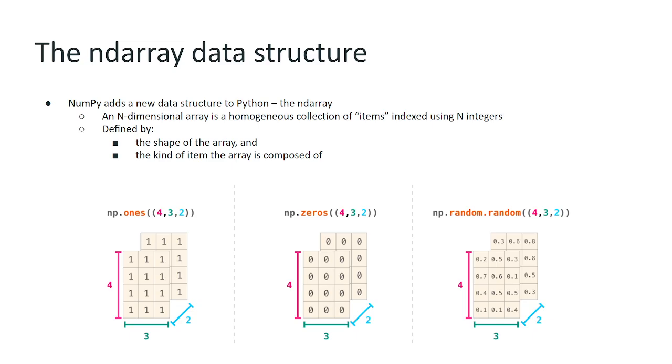To avoid that scenario, the NumPy package introduces the concept of an array, which we call a NumPy array, represented as ndarray. It is an n-dimensional array, which is a homogeneous collection of items indexed using n integers. Now you can see how to define an n-dimensional array.